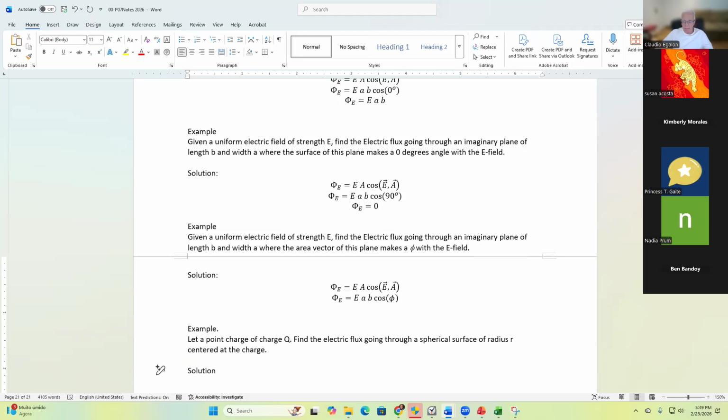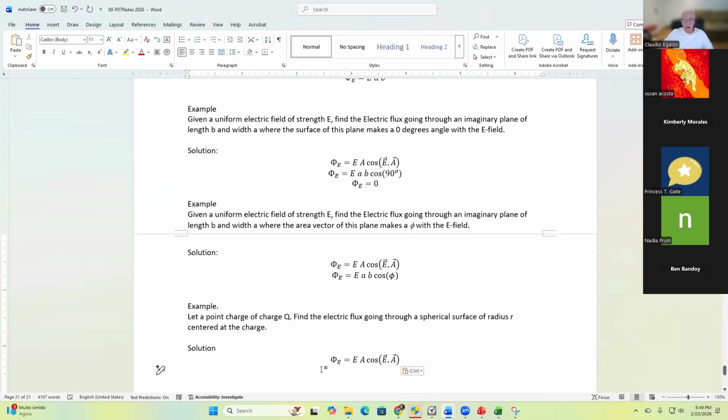We can calculate that. This one we can calculate. We use the equation that we had before, the definition of electric flux, which is going to be EA cosine. Don't forget, A is the area of the surface, and cosine of the angle of E and A. The electric field is going to be given by KQ over r squared. We almost ran out of time here.